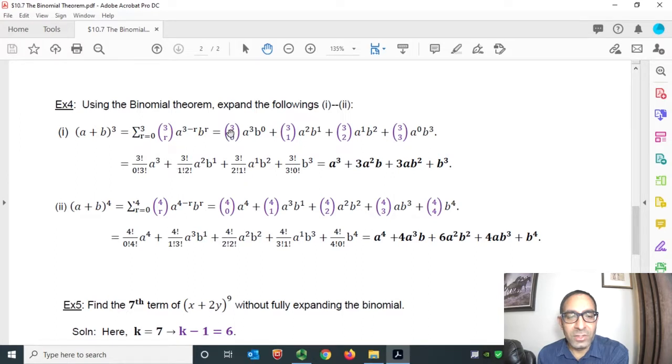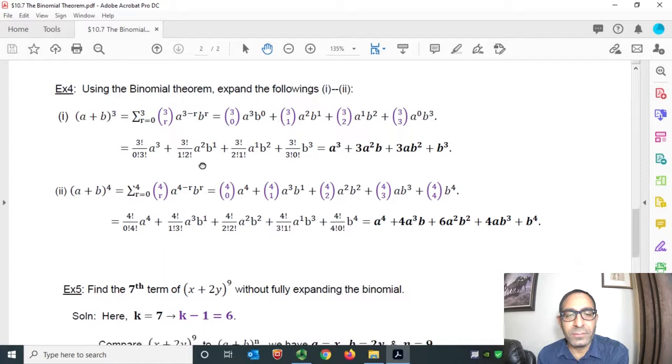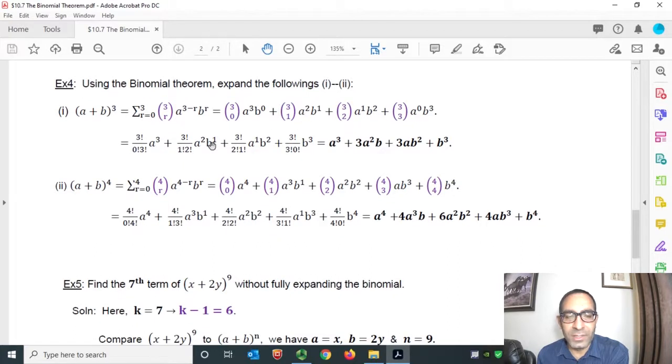So in the next step here, 3 choose 0 is 3 factorial over 0 factorial times 3 minus 0 factorial, which is 3 factorial, times a cubed, b to the power 0 is 1, then plus 3 choose 1 becomes 3 factorial over 1 factorial times 3 minus 1 factorial, times a squared times b, plus 3 choose 2 becomes 3 factorial over 2 factorial times 3 minus 2, which is 1 factorial, times a times b squared, and plus 3 choose 3 becomes 3 factorial over 3 factorial times 3 minus 3, which is 0 factorial, times a to the 0 is 1 times b cubed. Awesome. So I hope again this makes sense to you all.